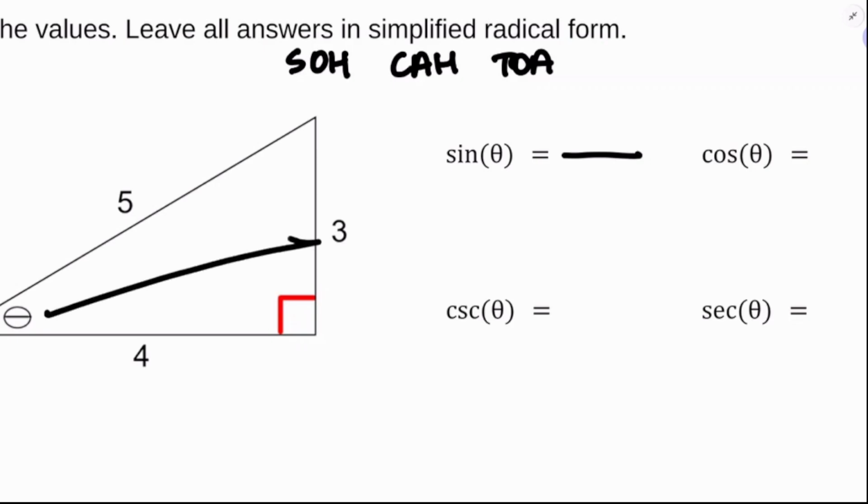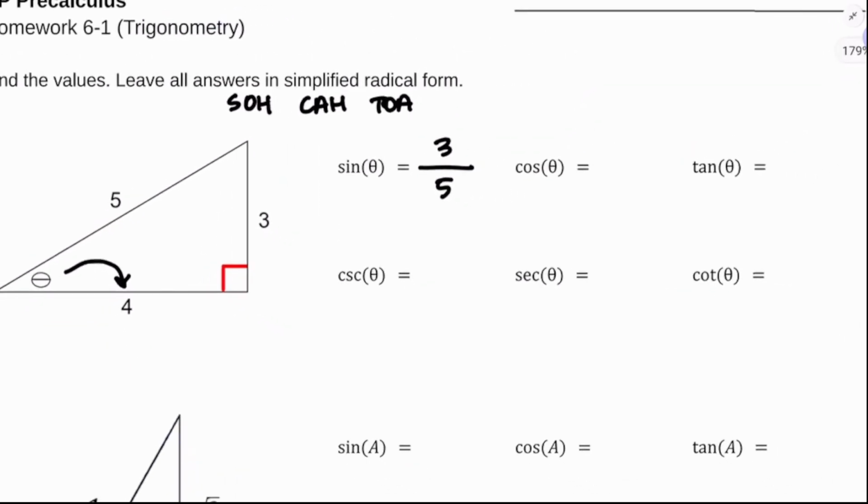Opposite theta is going to be all the way across the triangle, so that's 3 over 5. Okay, cosine, adjacent over hypotenuse, is going to be the adjacent leg, that's 4, divided by the hypotenuse, which is 5. Okay, and then tangent is opposite over adjacent, so that will be 3 divided by 4.